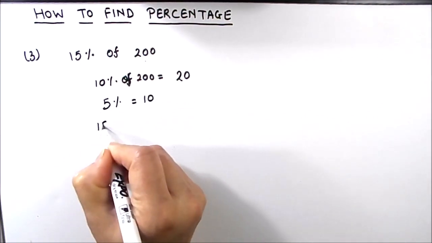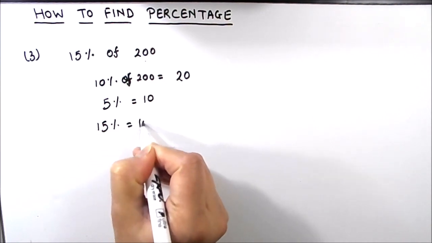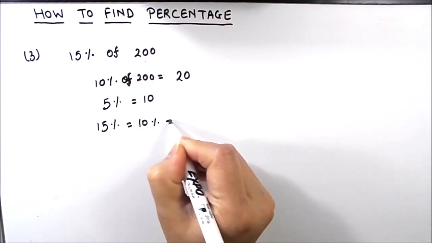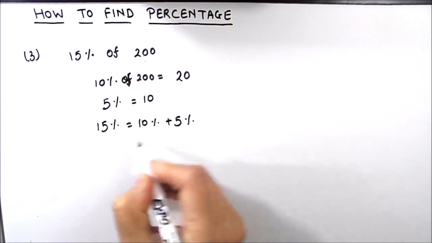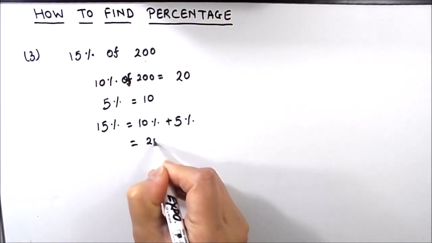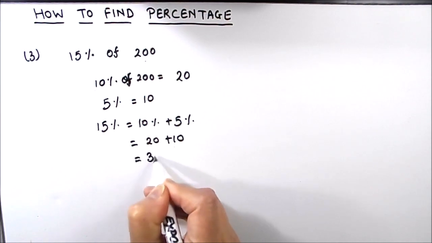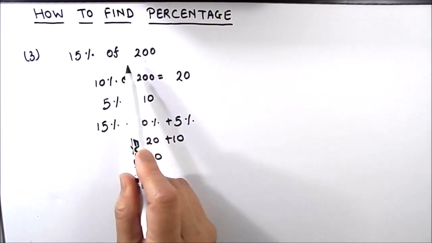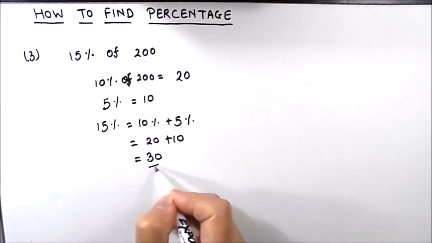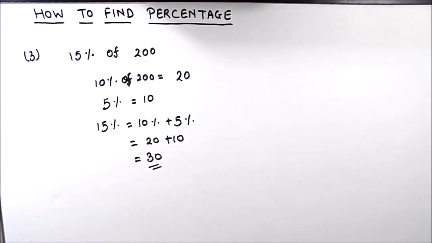And 15% is equal to 10% plus 5%, which is 20 plus 10, which gives us 30. So 15% of 200 is 30. This is the method by which you can find percentage without the use of a calculator.